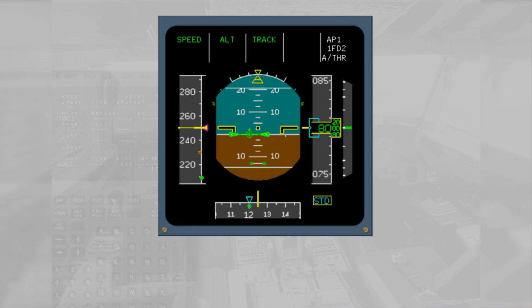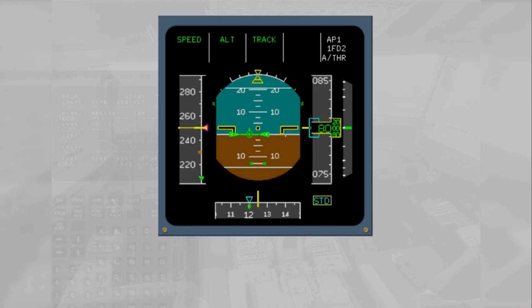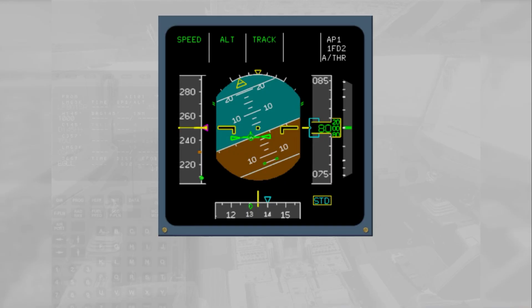When flying manually, the objective is to center and align the flight path vector on the FPD. We will turn onto a track of 140. The FPD commands a roll to turn onto the selected track. The aircraft is rolled until the flight path vector and FPD are aligned.